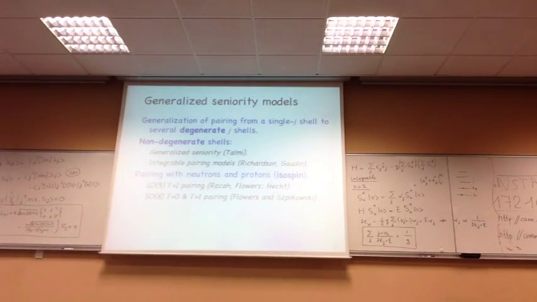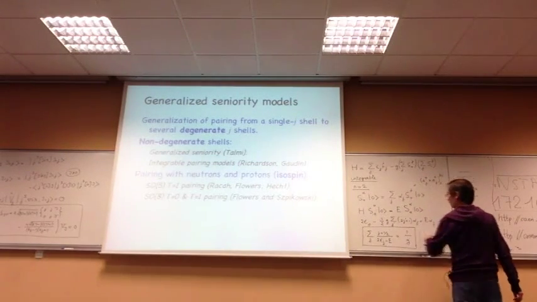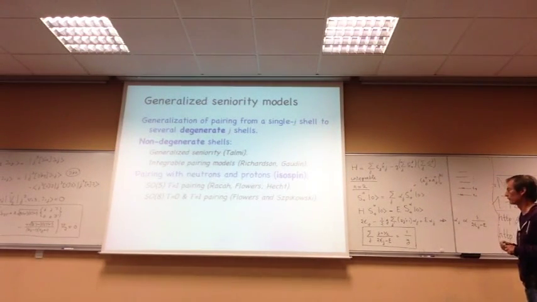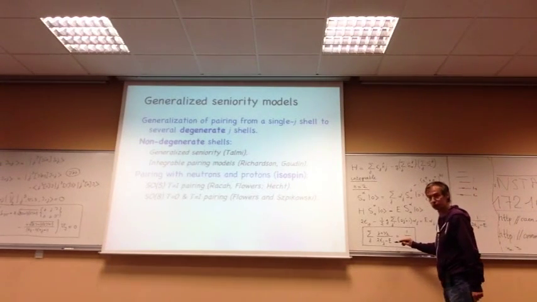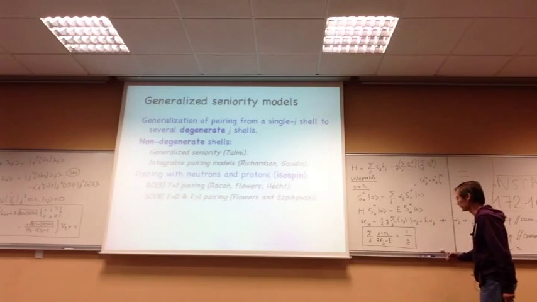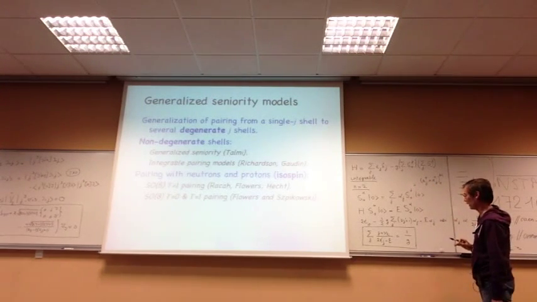In the notes you have a few more intermediate steps, but it's basically simple algebraic manipulations. Okay, so these are the unknowns, right? So you want to solve this equation. G is the strength of my interaction.